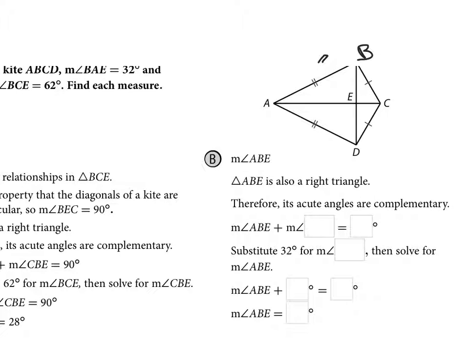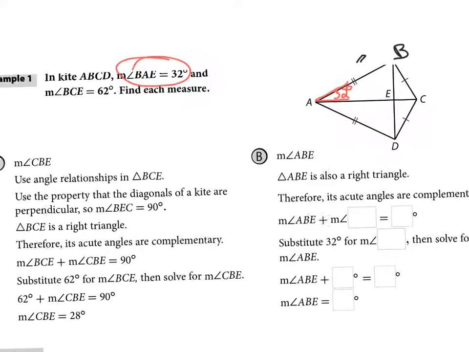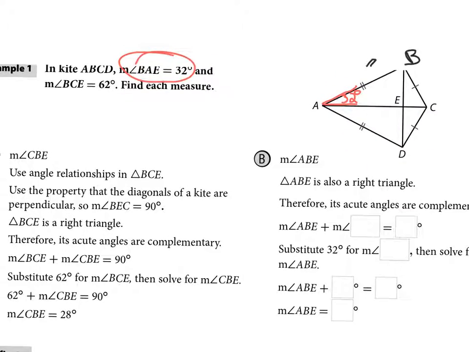All right, so that's B. It says that BAE is 32 degrees, and that BCE is 62 degrees.